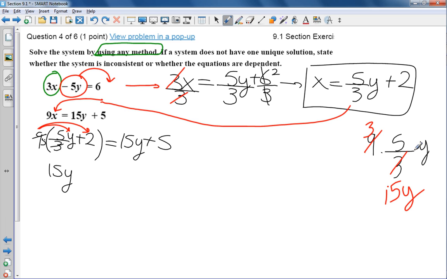There you go, okay? And I go ahead and multiply this 3 by 2 and make 6, right? 3 times 2 is 6. And I have 15y plus 5.